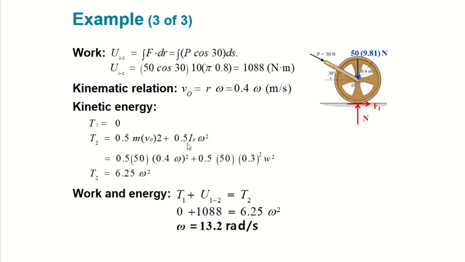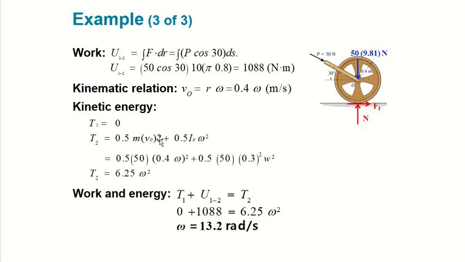And of course, your rotation part is 1/2, and then moment of inertia, and then this one is your angular velocity. We have already calculated this regular velocity, which is 0.4 angular. So we're going to put that in the whole square.